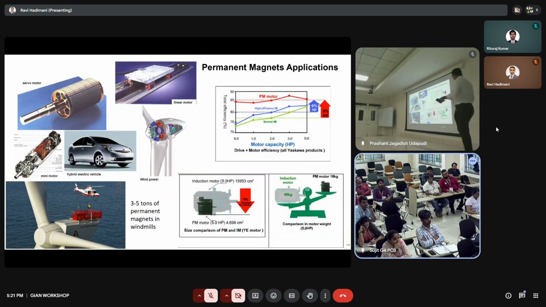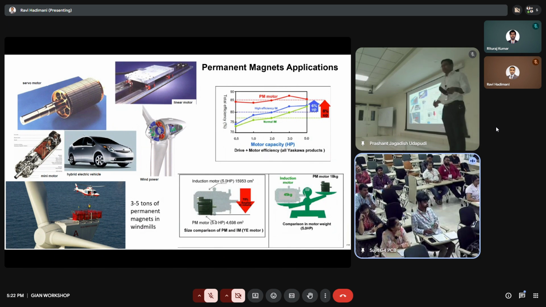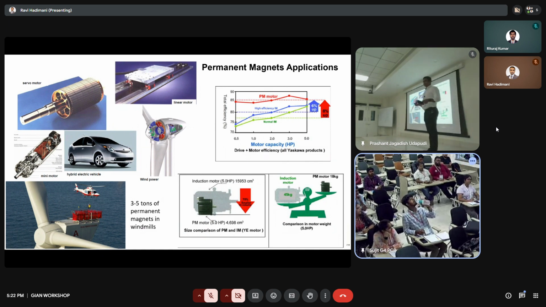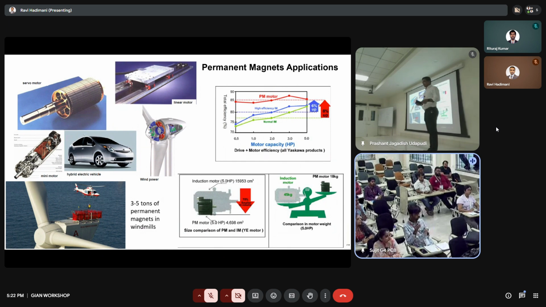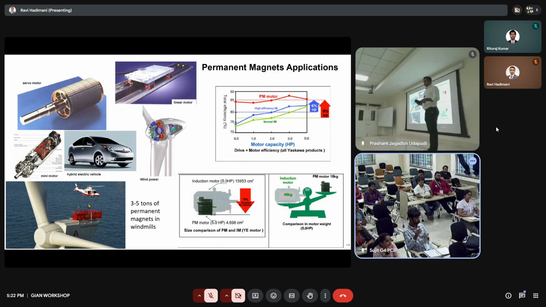Now there are so many applications for permanent magnets. Permanent magnets is a very big industry. India lags behind in permanent magnet manufacturing. Do you know which country is the leader in permanent magnets? China.